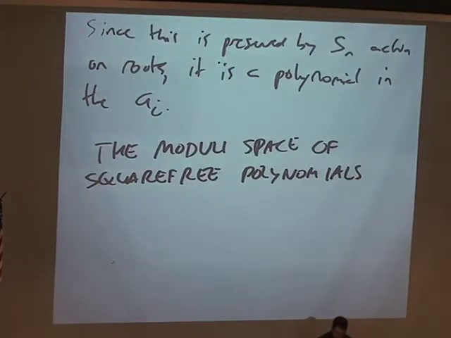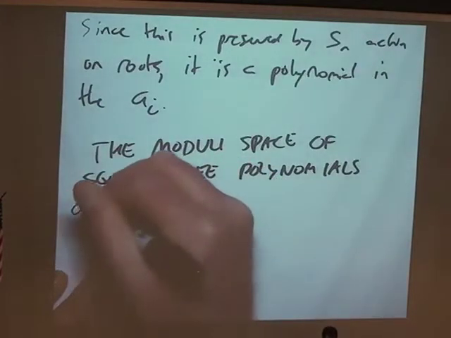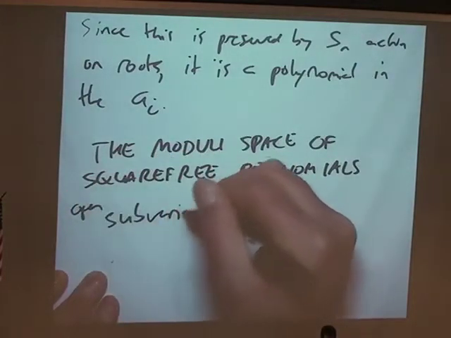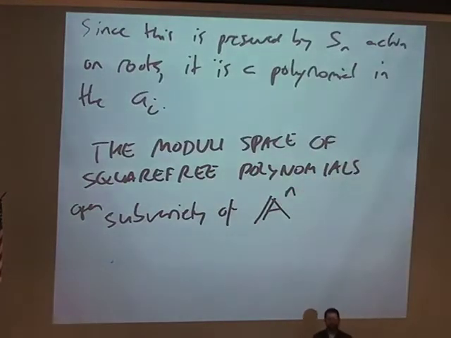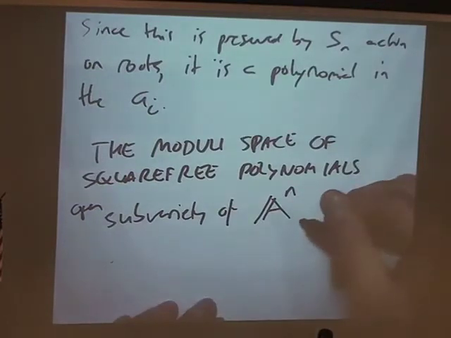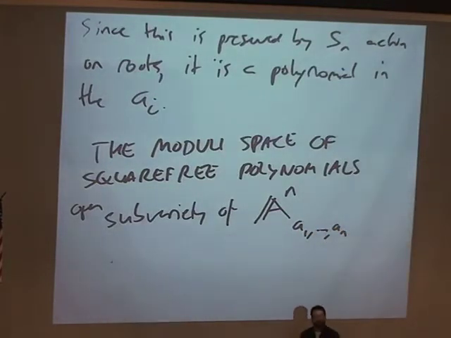This is the open subvariety of affine n space. So if I'm going to talk about affine n space, I need to give it some coordinates, and my coordinates are going to be called, to remind you that you're supposed to think of them as coefficients of a polynomial, a1 through an.